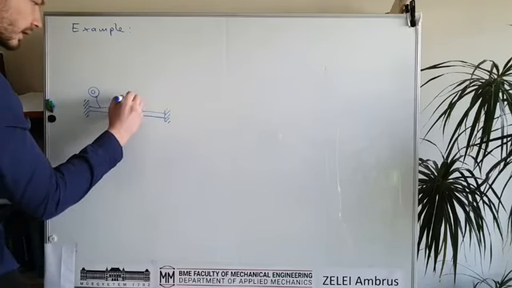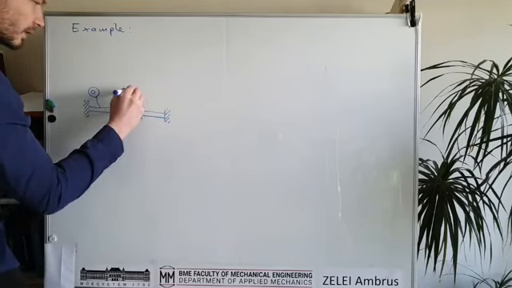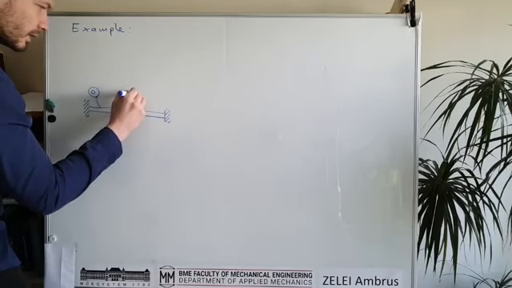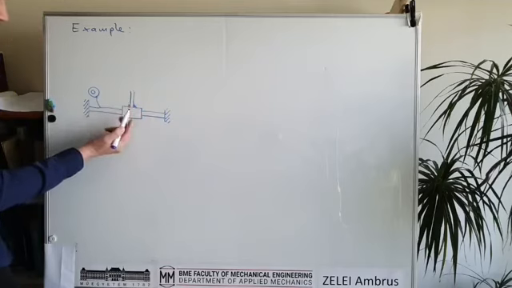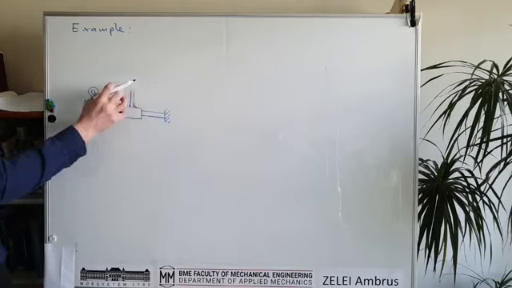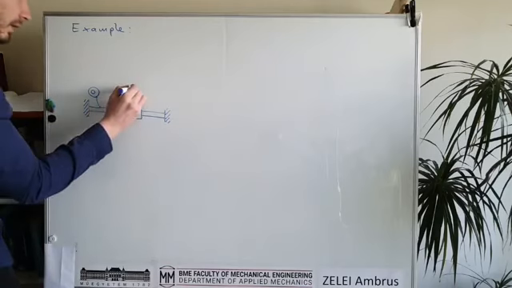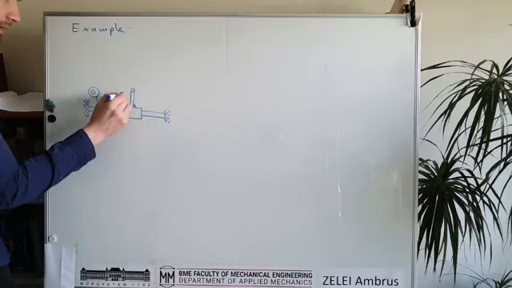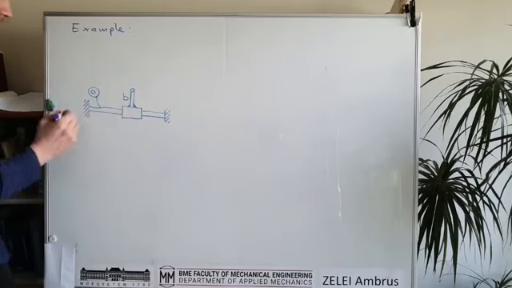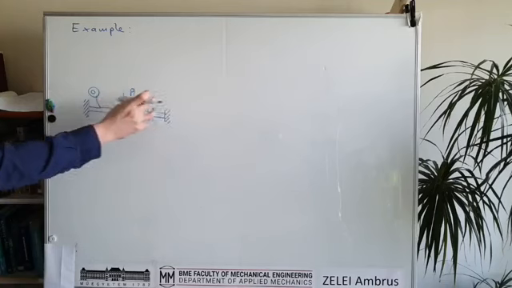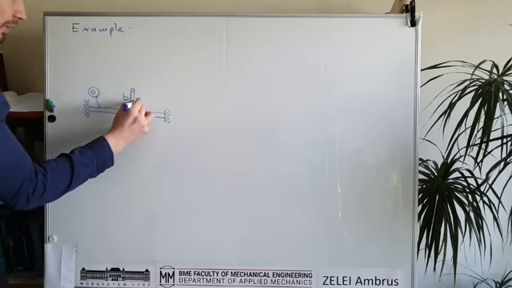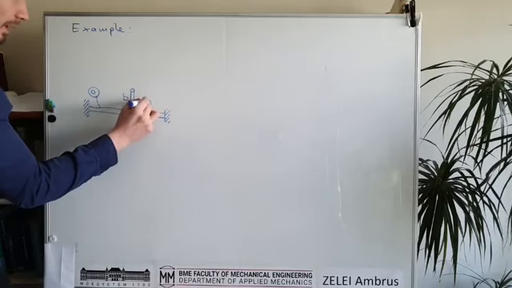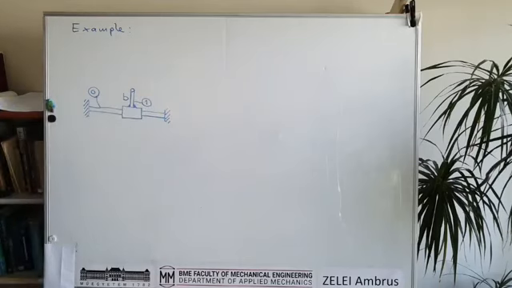and then there will be another bar which is rigidly fixed here, so it is welded here, so they move together totally, and the length of this additional bar is b, so they move together and they form together rigid body number 1, or we can say link number 1.